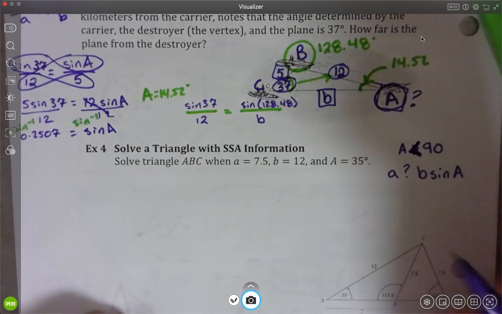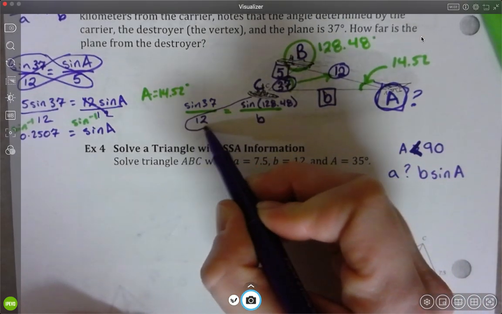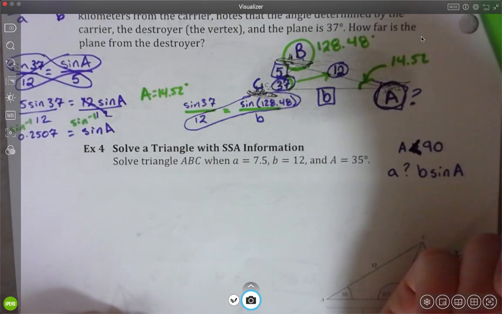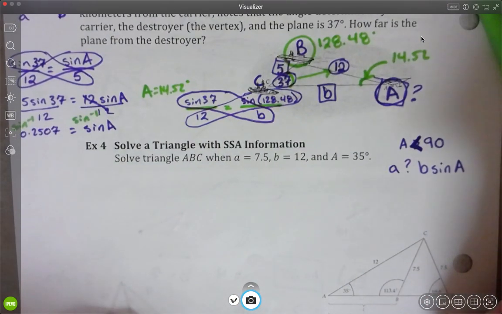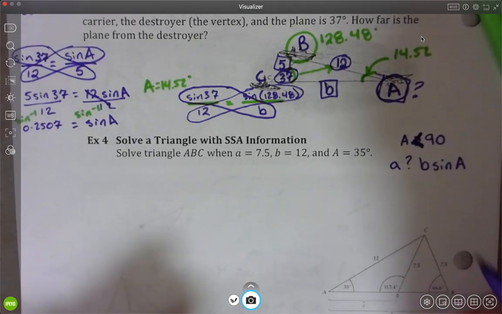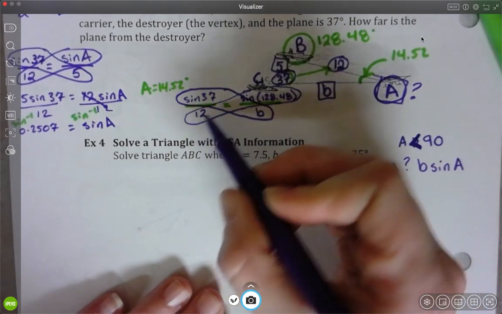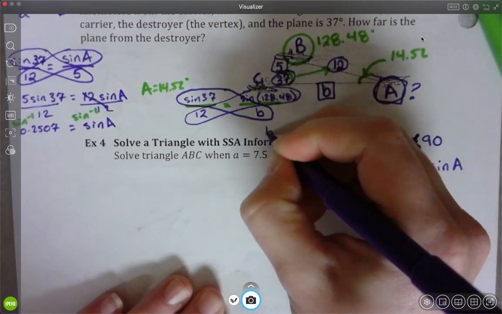When I cross multiply this, 12 times sine of that number is going to be equal to b times sine of 37. Rather than writing all of this out, if I cross multiply these two and just divide by sine of 37, that will give me what b is.